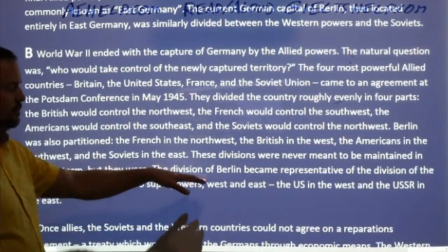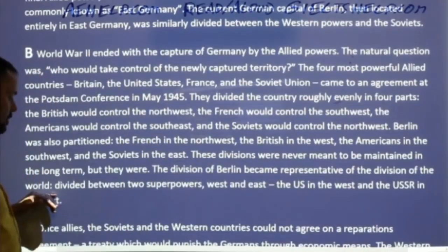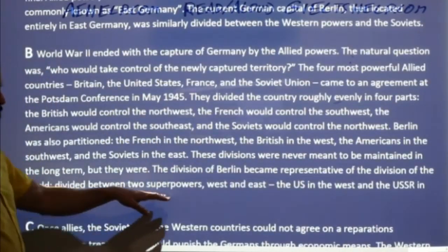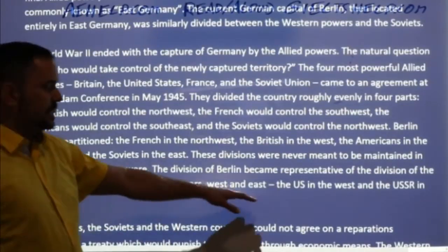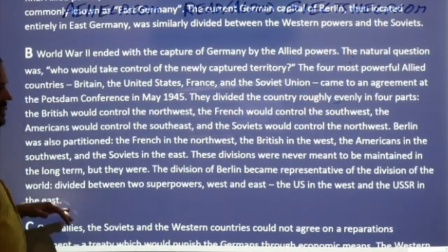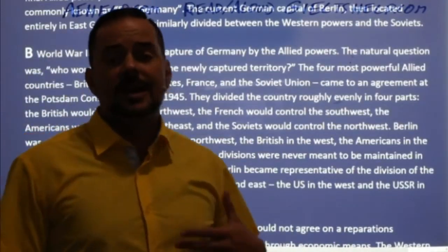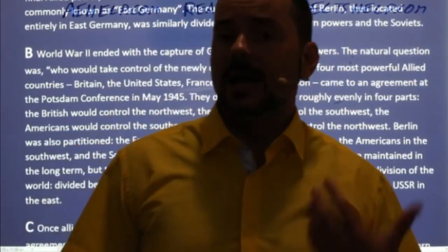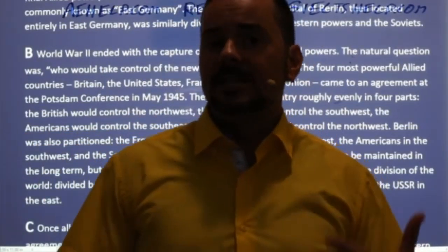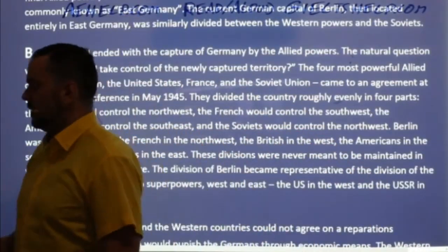The division of Berlin became representative of the division of the world, divided between two superpowers, West and East, the US in the West and the USSR in the East. So here we're following 1945, right after the war, and how these places were divided.